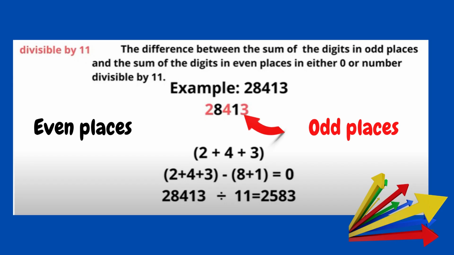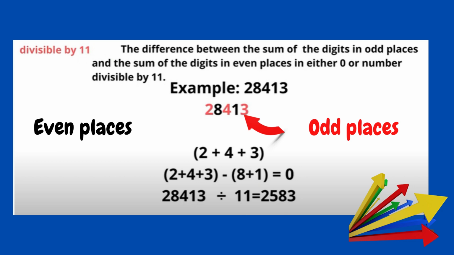Divisible by 11: the difference between the sum of the digits in the odd places and the sum of the digits in the even places is either 0 or a number divisible by 11. For example, 28,413. Pagsamahin natin ang ating odd places, si 2, 4, at 3. 2 plus 4 plus 3 is equal to 9.